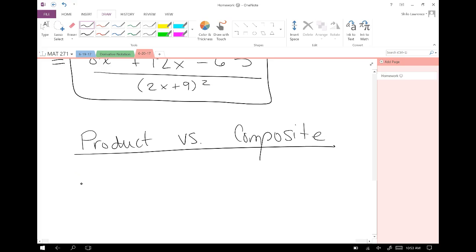So if we had a square, that's not a good example, a sine times a square root. If it's a product, you'll see x's in both of them. So you would see a sine function with its own x times a square root with its own x. If it's a product, they will have their own x's. Okay, so it's two separate functions of x being multiplied together.